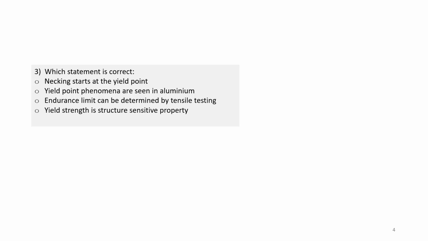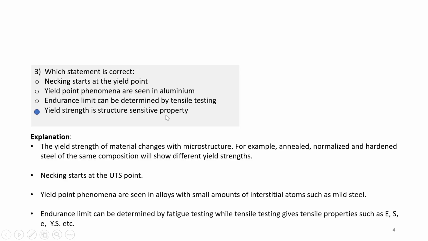As we know, necking starts at the ultimate tensile strength point, and yield point phenomena are seen in materials which have interstitial atoms, while pure aluminum won't show yield point phenomena. Endurance limit can be determined by using a fatigue test, not tensile testing. So the initial three statements are incorrect. Yield strength is a structure sensitive property, which is the correct statement.